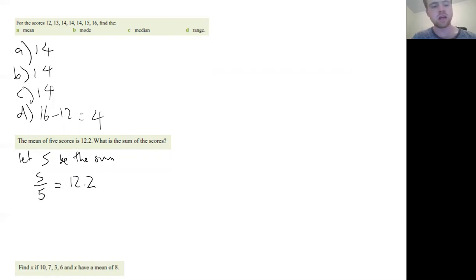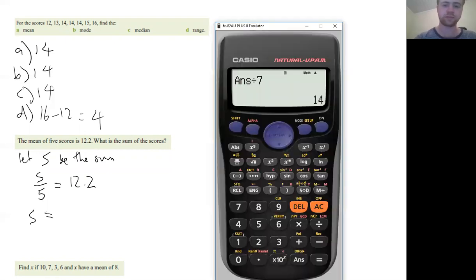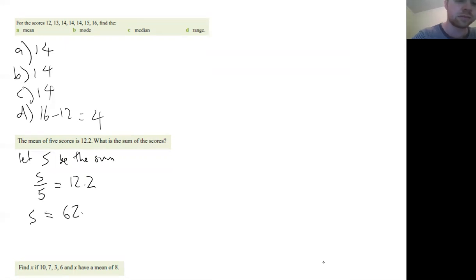Okay, and we just need to rearrange this to find out what the sum will be. So to get S on its own, we times both sides by 5, and we get our answer. 62.5 is the sum of the scores. Okay, so sometimes we just got to reverse that definition to find out what we need to know.